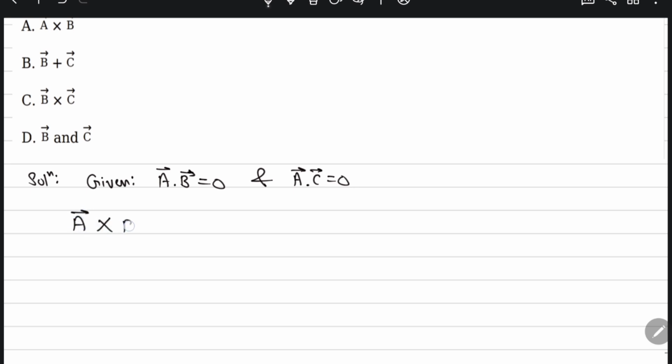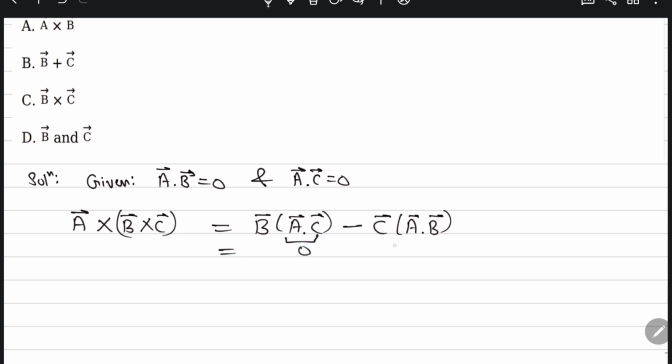That means A vector cross B cross C. You know this formula: B (A dot C) minus C (A dot B). They have given that A dot C is 0 and A dot B is also 0.